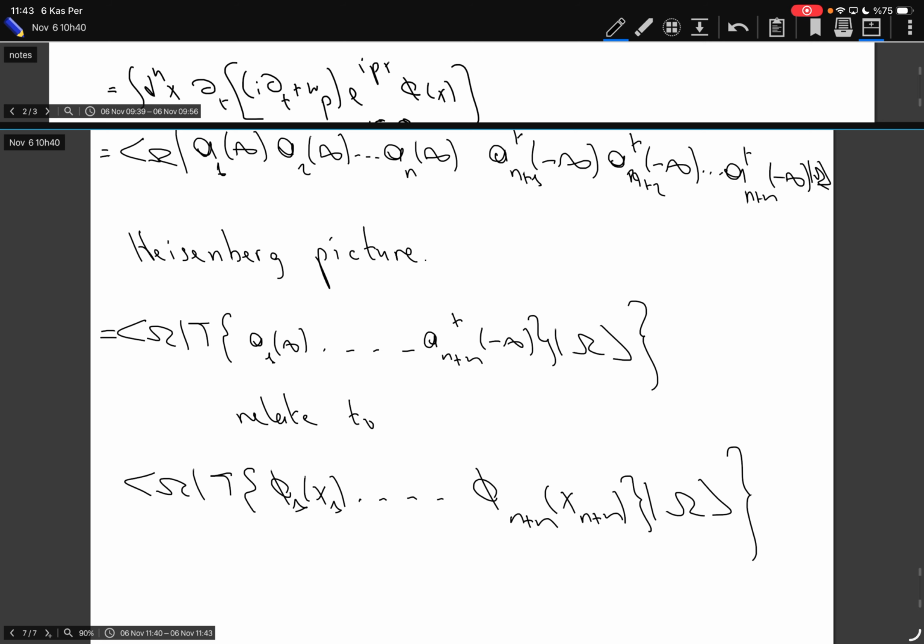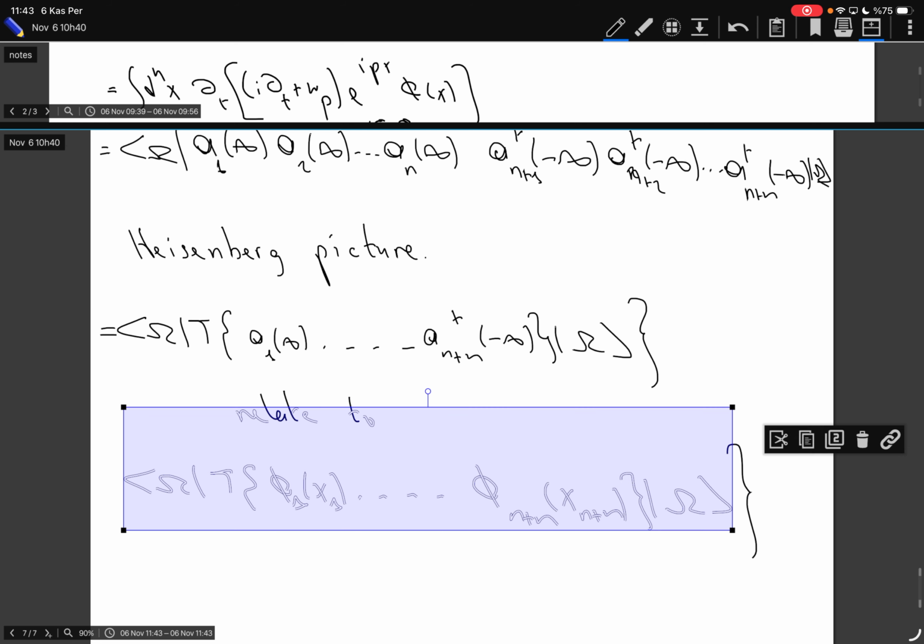Why? Because it will be easier to work with those time-ordered products. That will be my aim first, because once I relate this matrix element in turn to these matrix elements somehow, then we will start developing the machinery to study those time-ordered products.